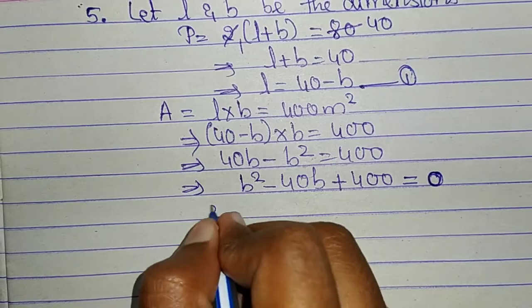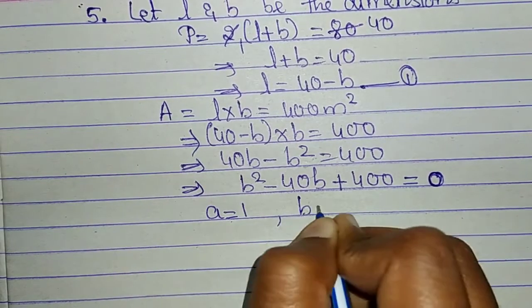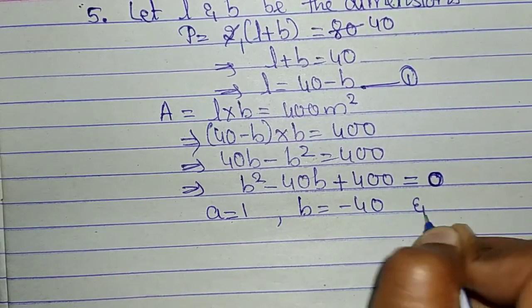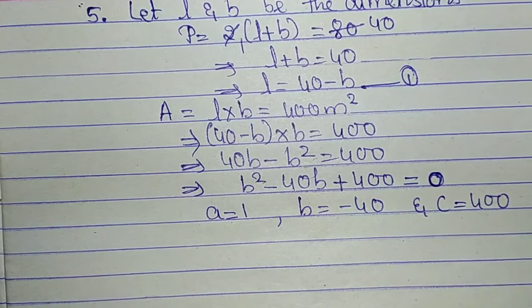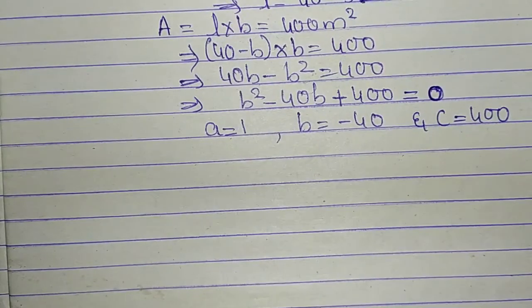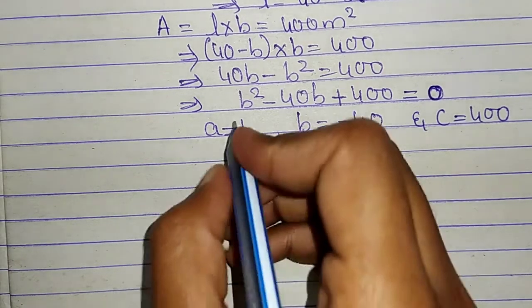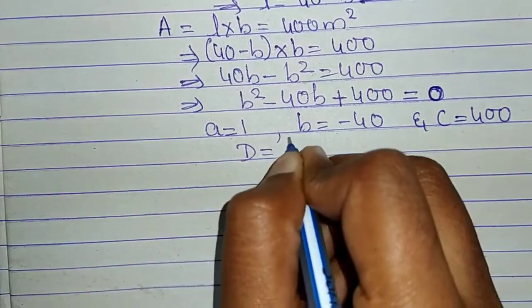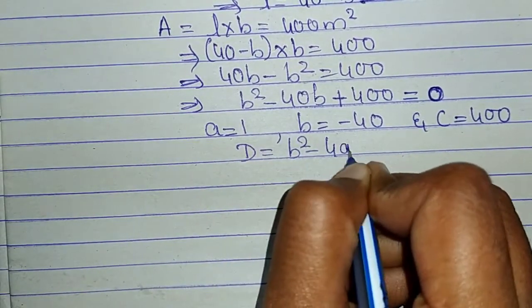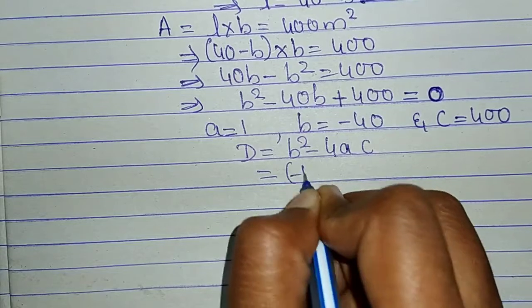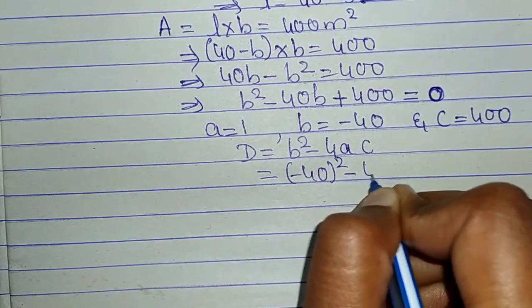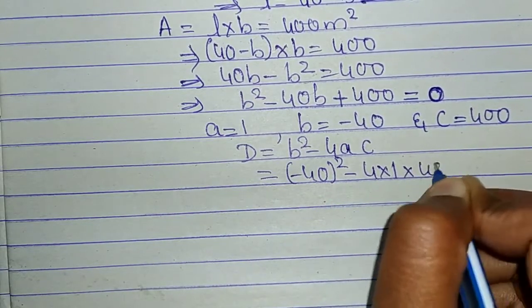So now we have a is equal to 1, b is equal to minus 40 and c is equal to 400. Now let us check whether this situation is possible or not by calculating the discriminant. We know that the discriminant D is equal to b square minus 4ac, which is equal to (minus 40) whole square minus 4 into 1 into 400.